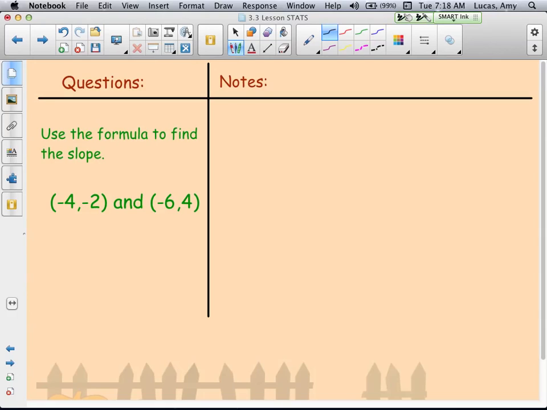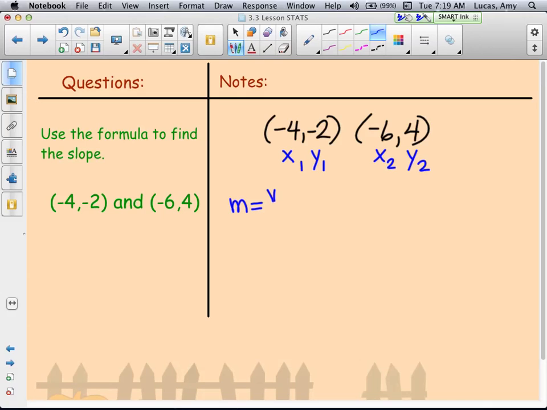Next example, -4, -2, and -6, 4. Please take time to label your ordered pairs every time. x1, y1, x2, y2. My slope formula. Your slope formula will be on your formula sheet for the test, so you don't have to memorize it. So on the top, we go y2 minus y1.